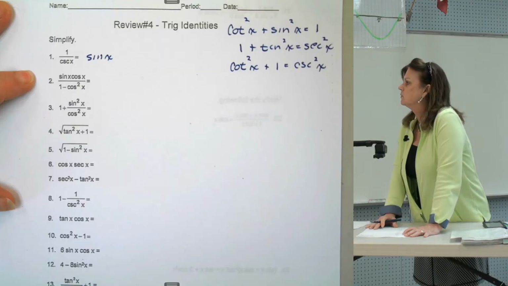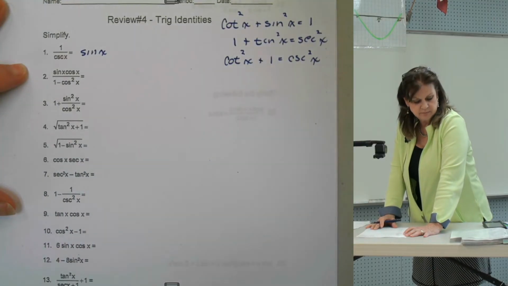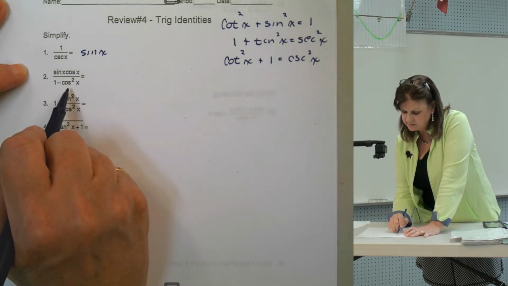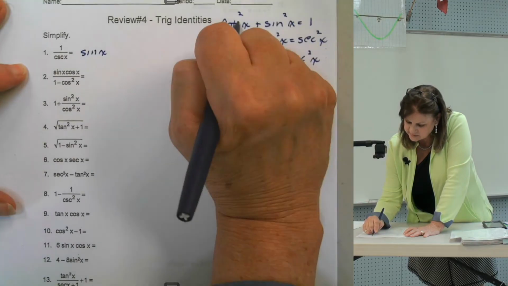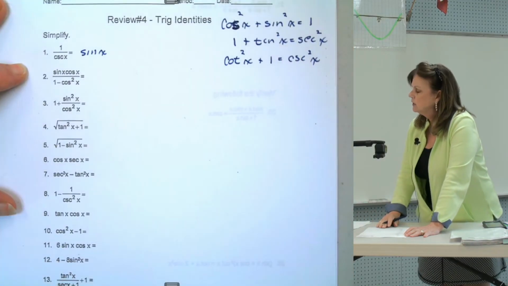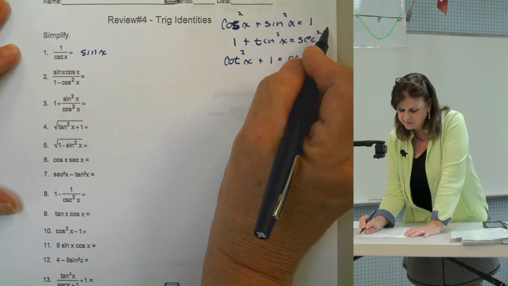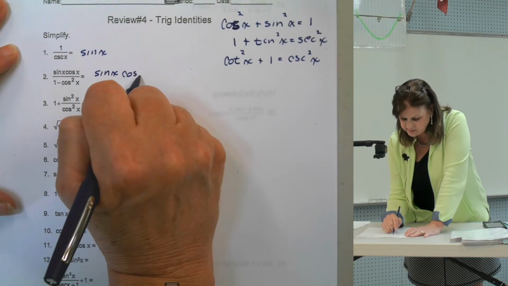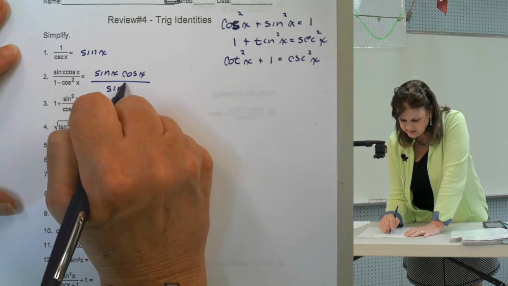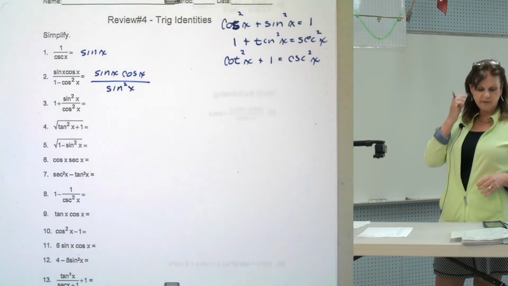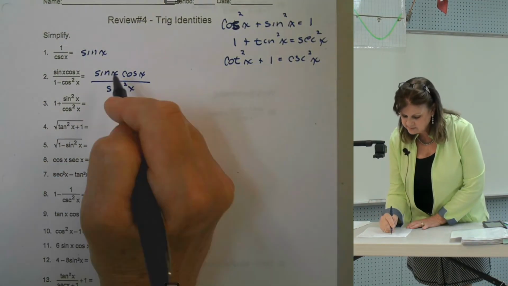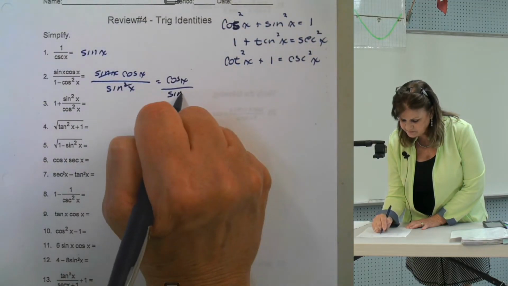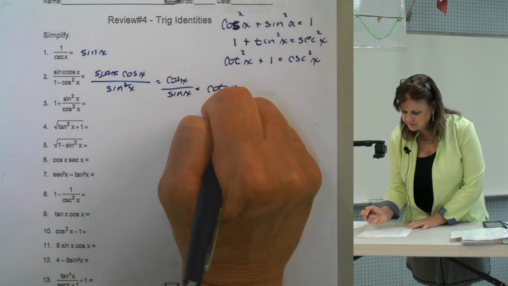Sine cosine over 1 minus cosine squared. Well, 1 minus, I'm sorry, I wrote cotangent instead of cosine up here. I beg your pardon. So 1 minus cosine squared is sine squared. So we have sine cosine over sine squared. Do we agree? The sines are going to cancel out, so I'm left with cosine over sine, or simply cotangent x.